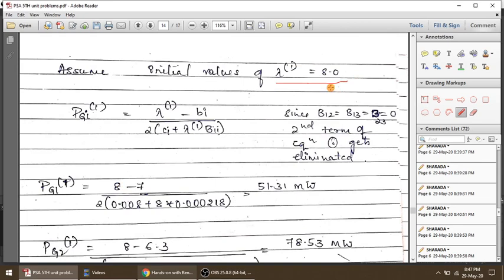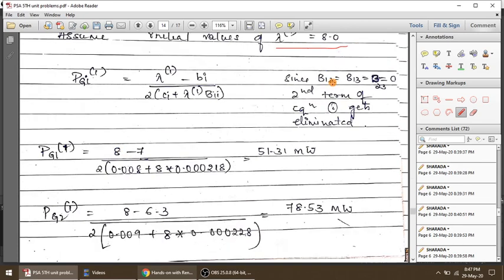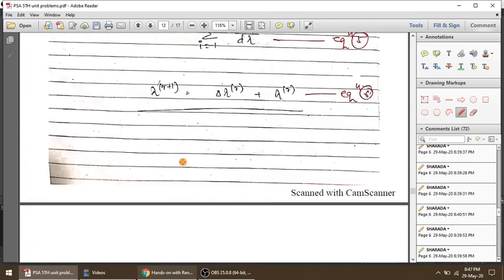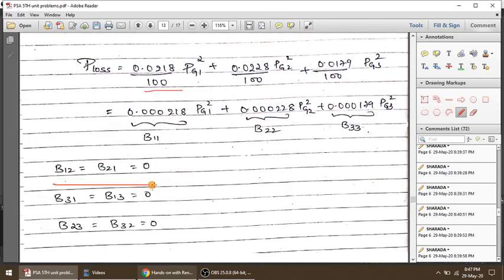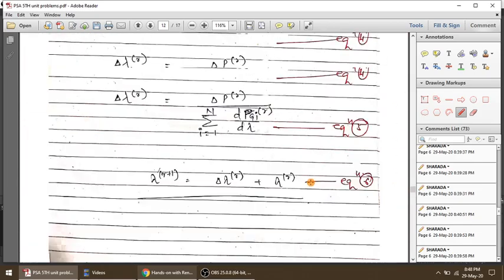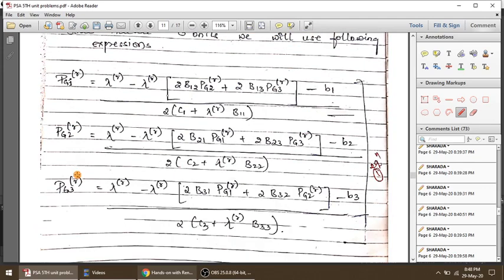Now using this initial estimate of lambda, you don't have to calculate Pg1 of 0. Why is it not required here? Let me go back to this expression. We know that B12, B31 and B23 are 0. These off diagonal elements are 0. Because of this term we were calculating the 0th iteration power output value.